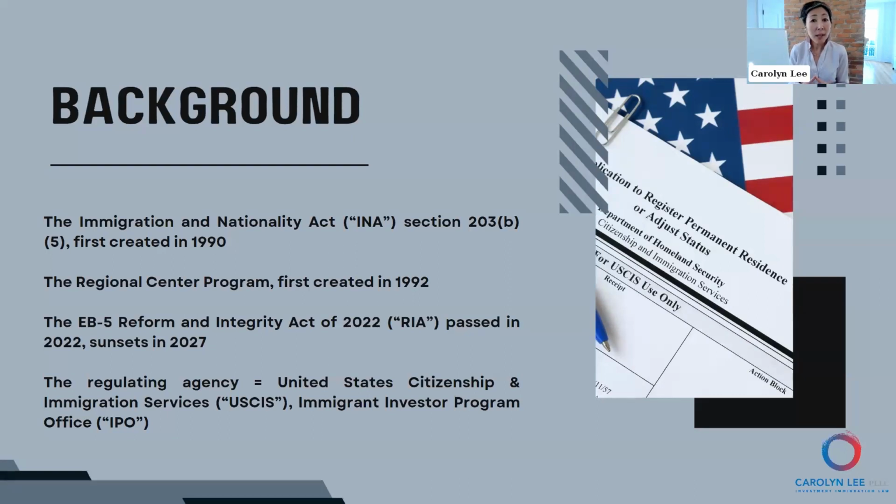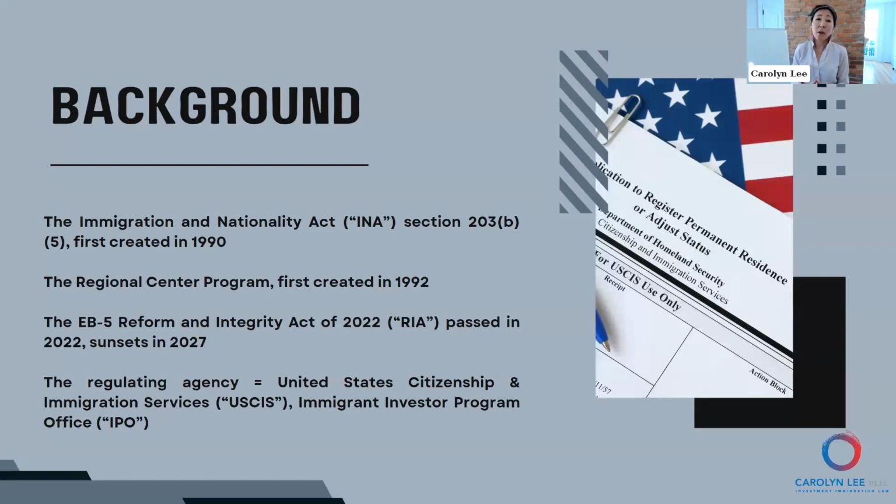The Regional Center Program was created in 1992 when Congress realized, you know what, we created this thing and it is underutilized. It is not optimized. So is there a way that we can fan the flames to get more usage of EB-5? Hence the Regional Center Program was created in 1992 as a pilot program.